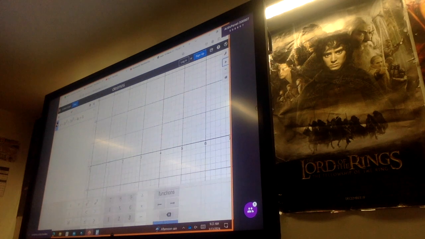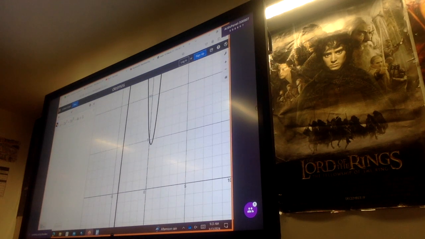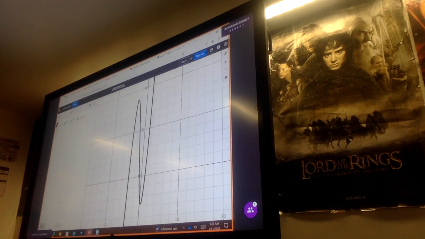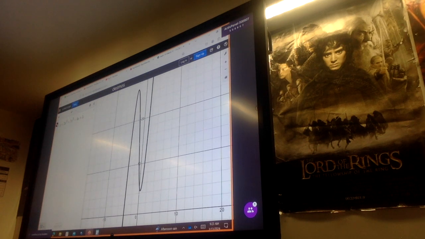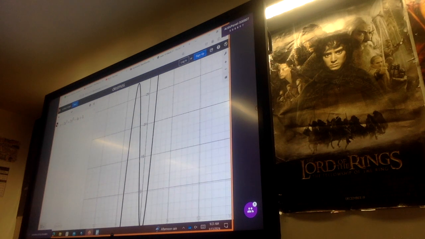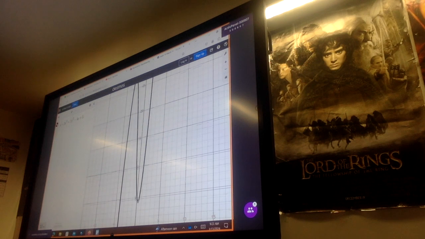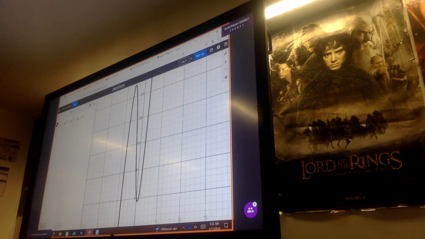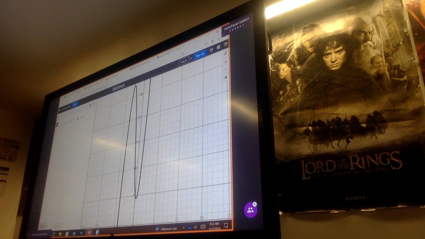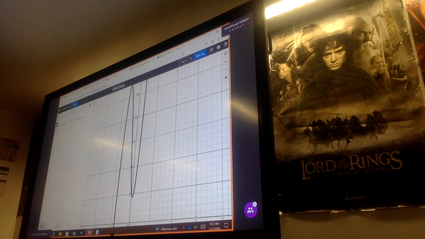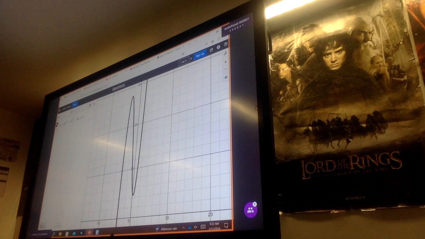And if I hit home, this is basically the main foundation of what our graph looks like. The x-axis in there too. Okay, so this is what our graph looks like.